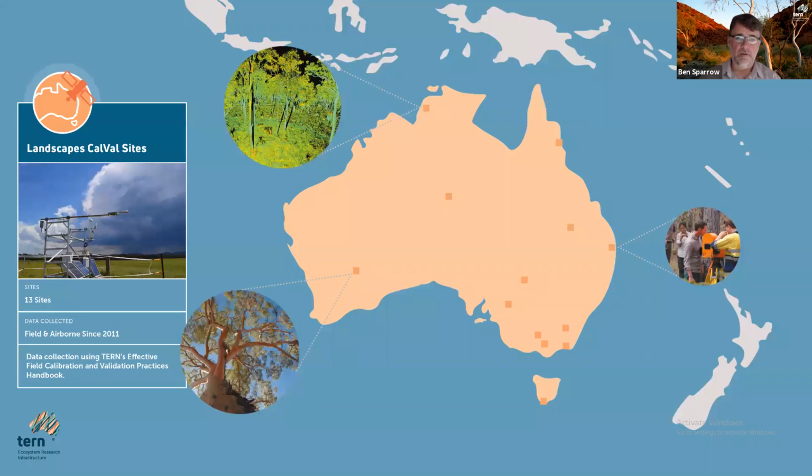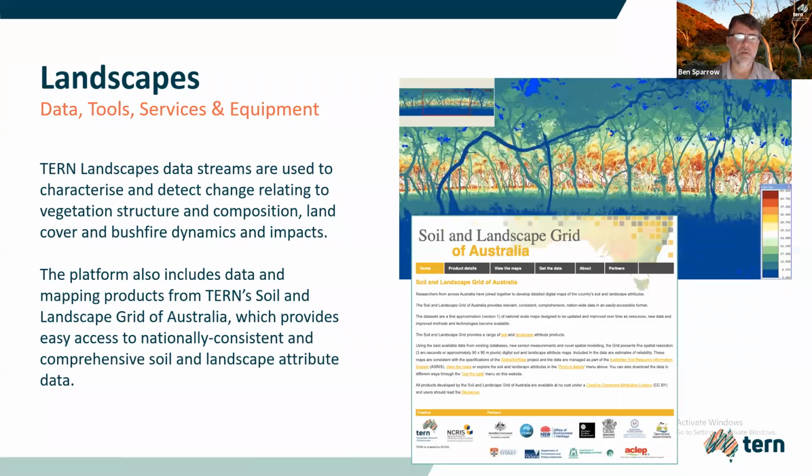Just a reminder, the information is right across the continent, but with specific sites where more information is collected. And so they deliver a range of data streams used to categorize and detect change, often related to vegetation structure and composition, land cover, bushfire dynamics, those kinds of elements of the environment that we can relatively easily, using well-established methods, detect from satellite imagery.